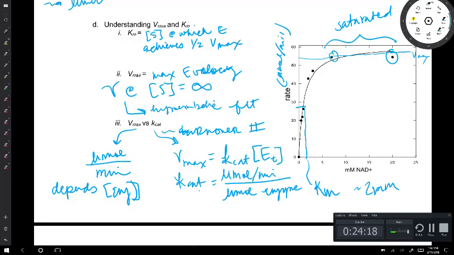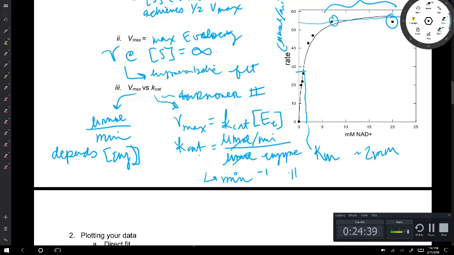We can only do this if we have the Vmax, because at the Vmax, all of the enzyme is saturated and taken up with substrate. The micromoles cancel out, and that gives us a unit of minutes to the -1. This is a turnover, and this gives us the number of reactions per unit time.